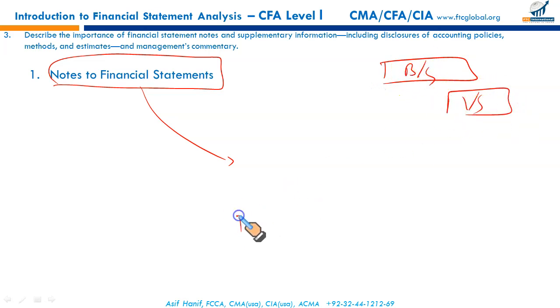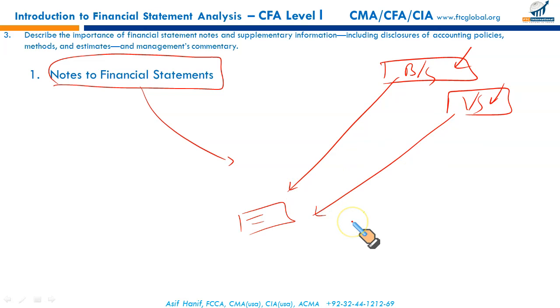You cannot justify it through notes. Or if there is a mistake in the balance sheet or in the income statement, you cannot justify the mistake or rectify the mistake through notes. Notes just need to amplify, explain the contents of the balance sheet or income statement or statement of change in equity, not to rectify the mistakes or the misrepresentation of the numbers on the face of the financial statements, right? That's what notes are for.